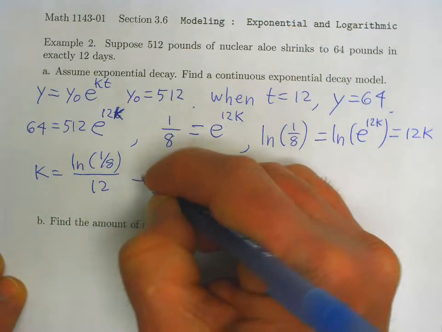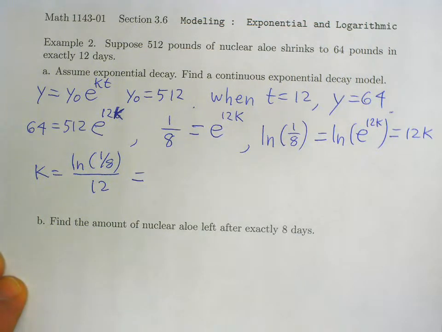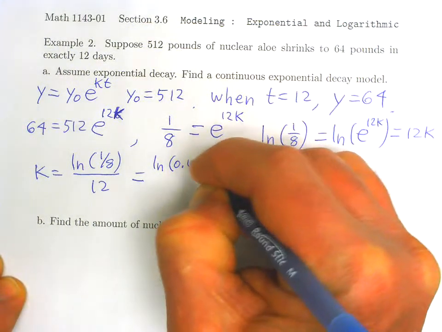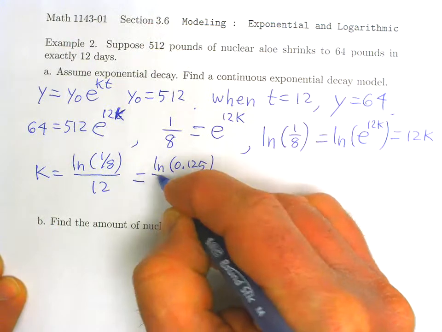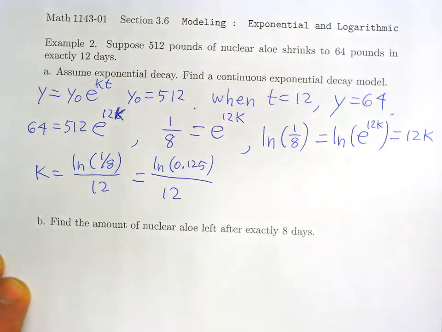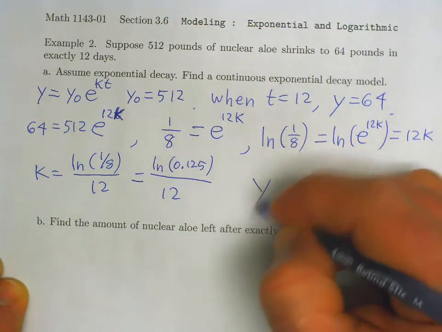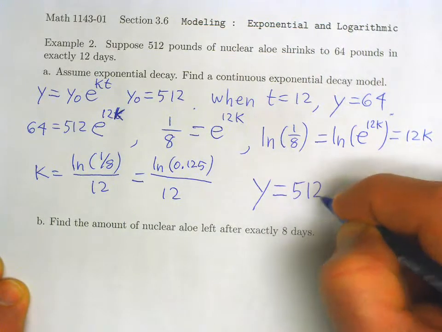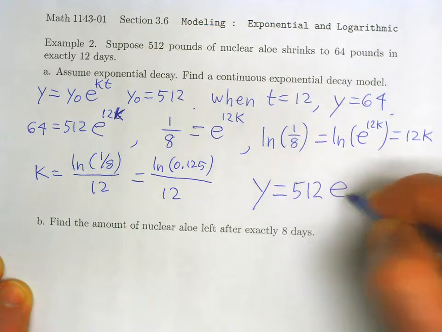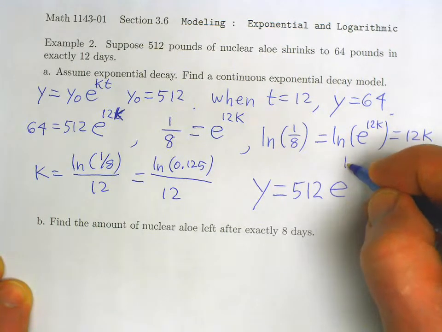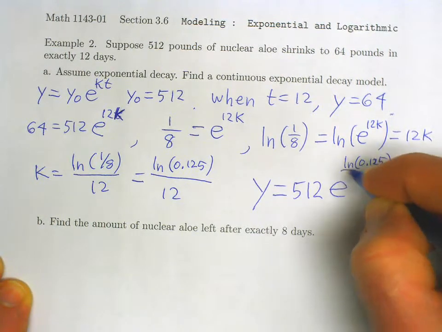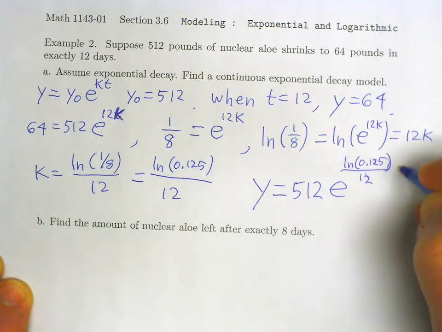I'm going to go ahead and write it as the natural log of 0.125 over 12 instead of 1/8 over 12. And so our model for this one is y equals the initial quantity of 512 times e to the kt, but k is the natural log of 0.125 over 12, times t, if you can read my writing.